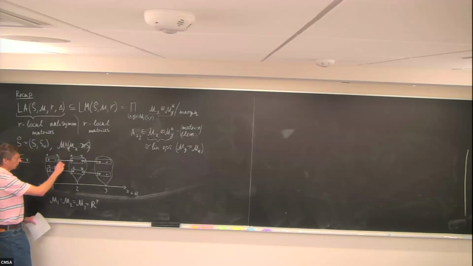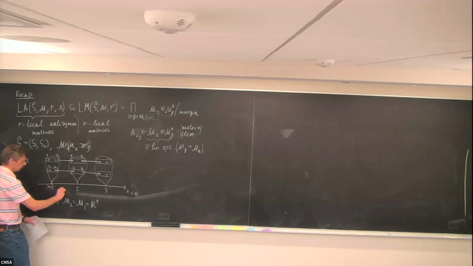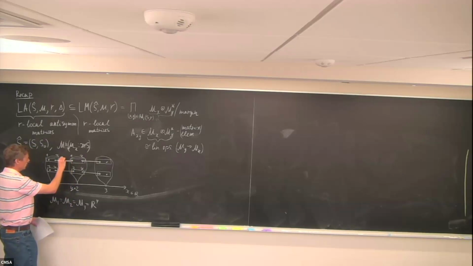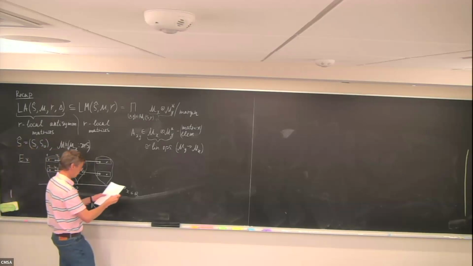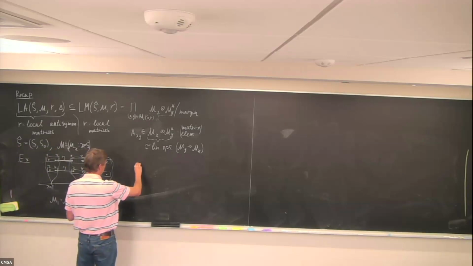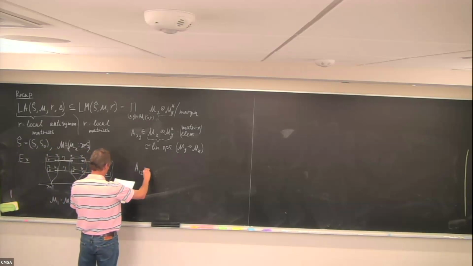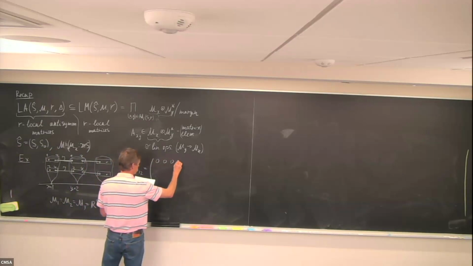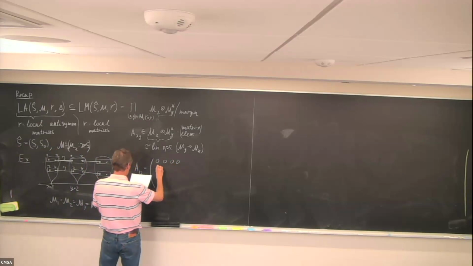I'll write down the matrix element between x equal to 1 and y equal to 2. If those links come with strength j, then the matrix element is A12, 0, 0, 0, 0, j.